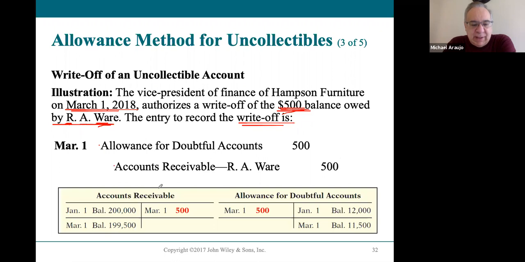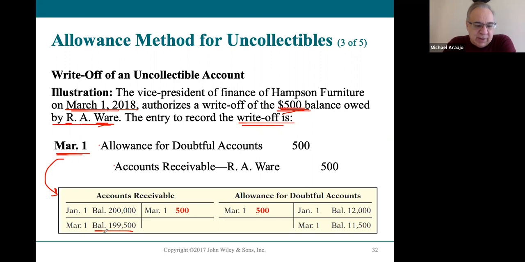Once they do this entry, it's going to post into their respective places in the ledger. You'll see that the accounts receivable account has been adjusted by $500 on March 1st, right? That's the closing of the account.